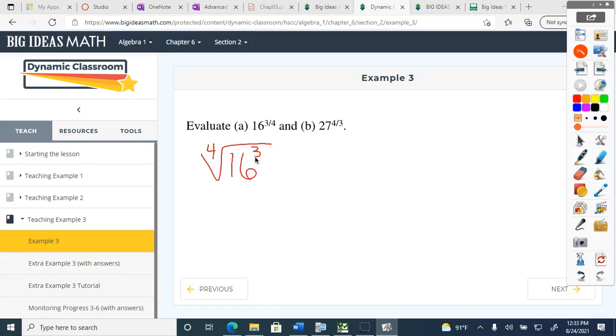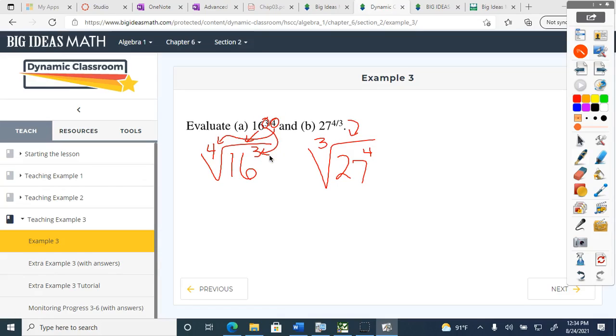But these two things are the same. And the next one would be the cubed root of 27 to the 4th power. Same thing. Everybody got me? Again, denominator is the root. Numerator is the exponent. Everybody good?